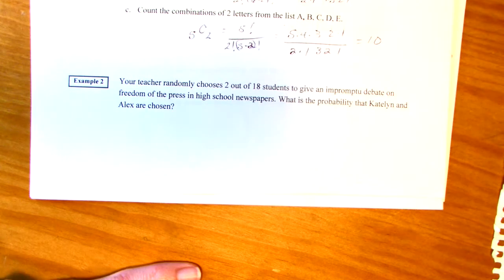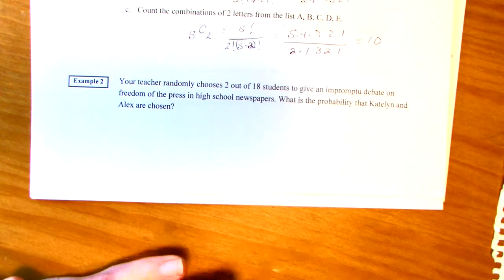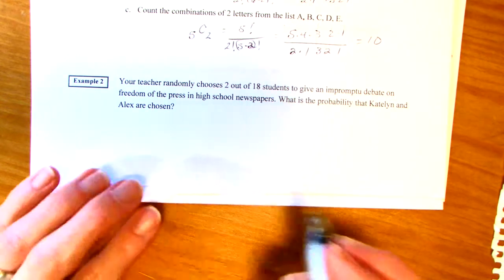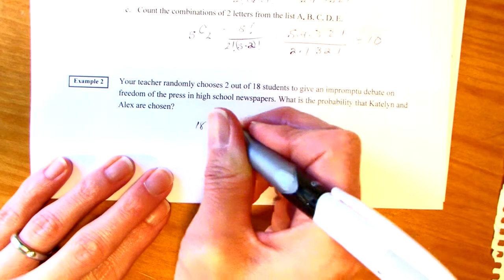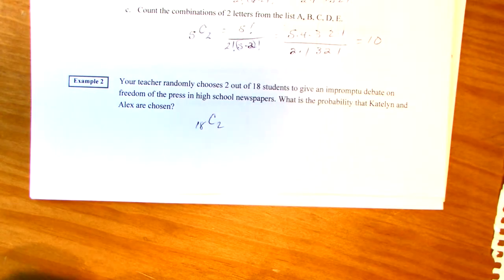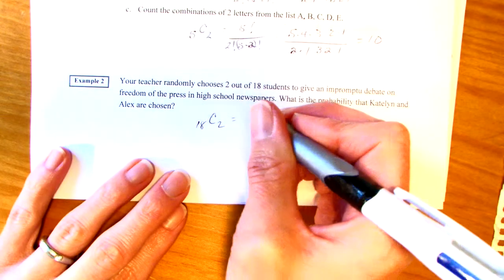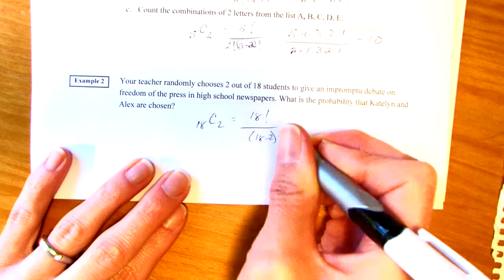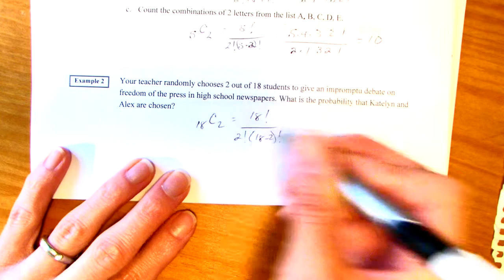Your teacher randomly chooses 2 out of 18 students to give an impromptu debate on freedom of the press in high school newspapers. What is the probability that Caitlin and Alex are chosen? So 18C2, it doesn't matter who is chosen first. That's 18 factorial over (18 minus 2) factorial times 2 factorial.